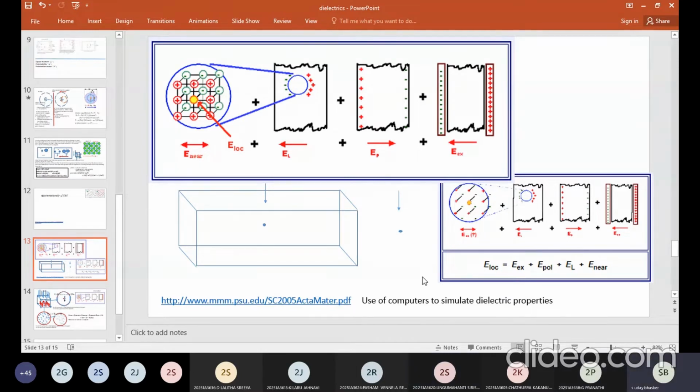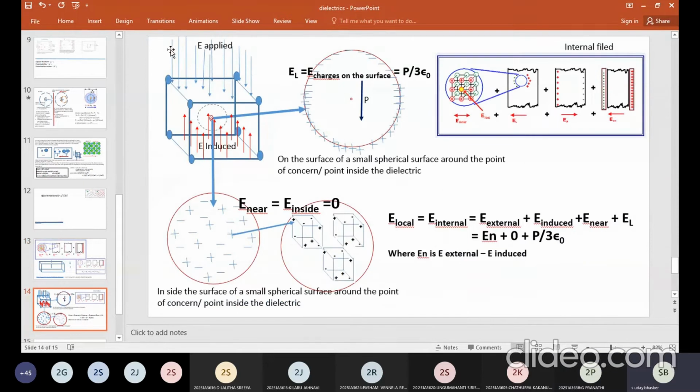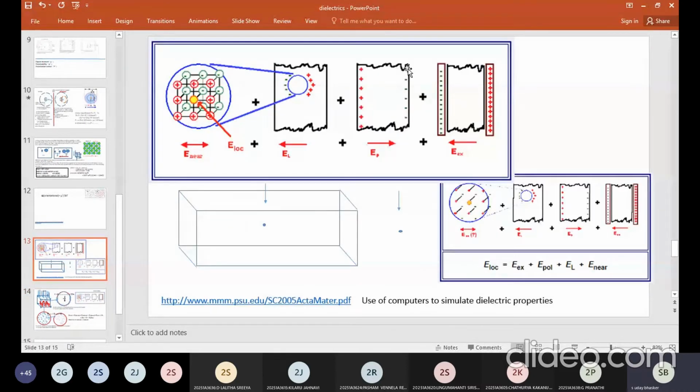The question is, what are these three extra fields? The simple answer is, when I apply my electric field, the dielectric gets induced. That implies it will have positive charges on one side and negative charges on the other side, because of which there will be some induced electric field. He is representing it as EP, and it is in the direction opposite to the external field.